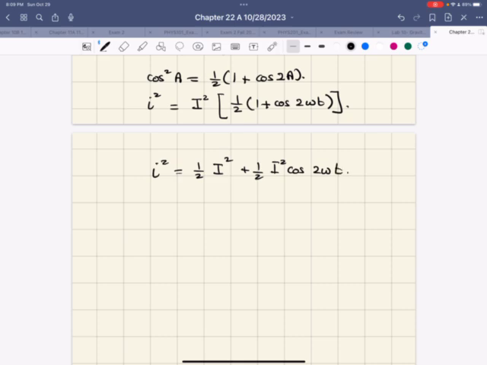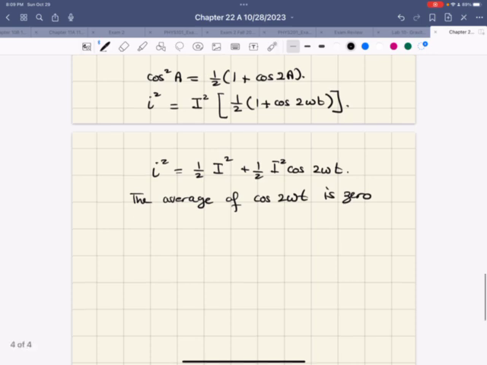Now the average of cosine 2 omega t is 0 because it goes positive and negative, and therefore the average of i squared is simply I0 squared over 2, and the square root of this quantity we call IRMS, which is I0 divided by square root of 2.